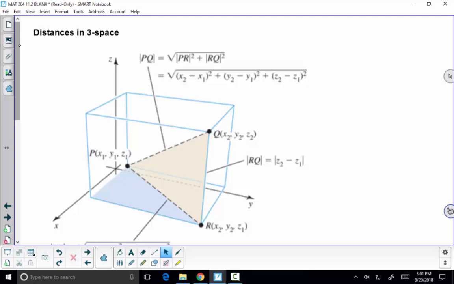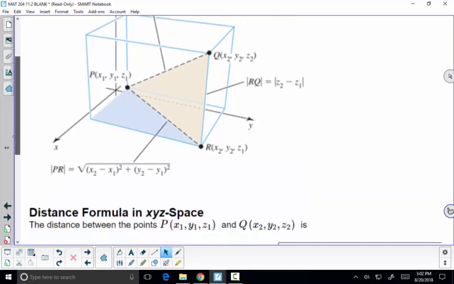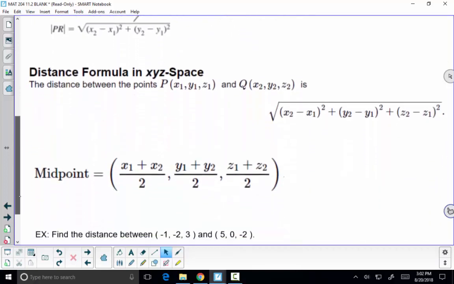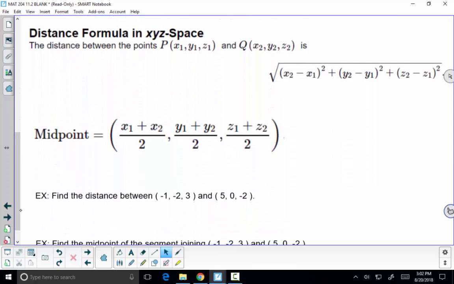And here they're geometrically showing that the distance from there to there can be built up as an extension of what happens in two-dimensional space. So if we have 2 points in three-dimensional space, the distance between them is the same thing: square root, sum of squares, with 1 extra displacement. Take the change in x, the change in y, and the change in z. So 1 extra term.